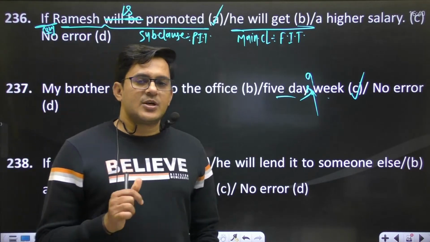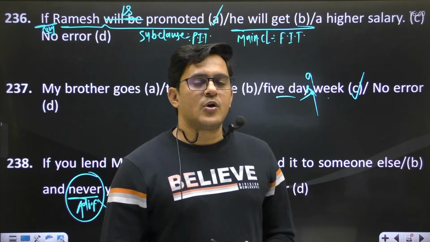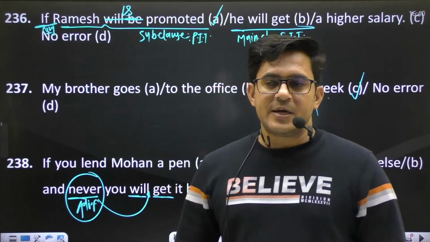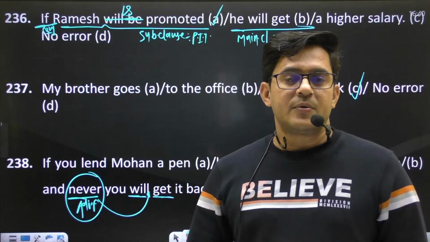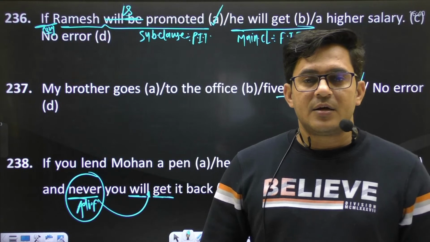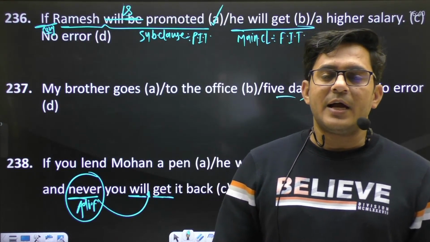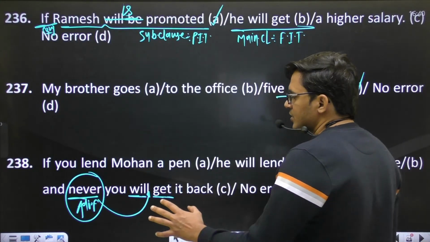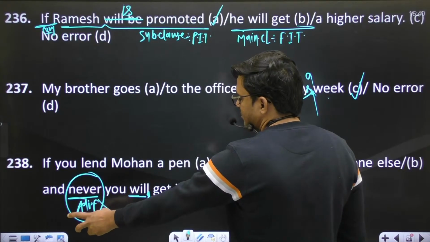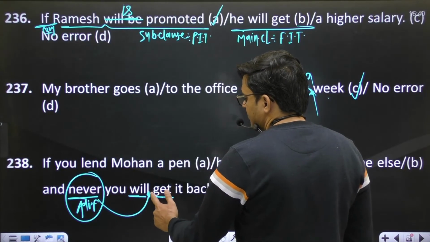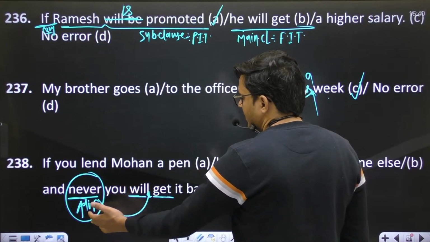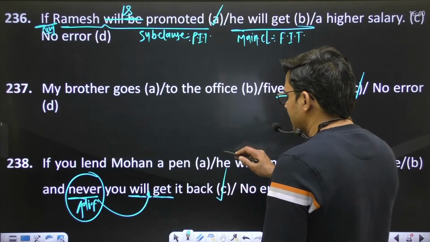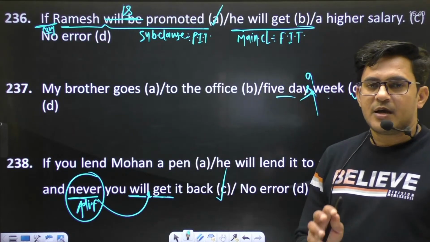All the adverbs of frequency like daily, always, often, usually, generally, occasionally, normally, and seldom, never, rarely, barely, are used before the main verb. So the right place for this adverb is before the main verb: and you will never get it back. Error is in part C.